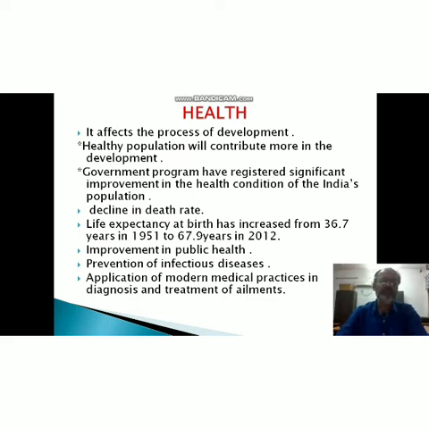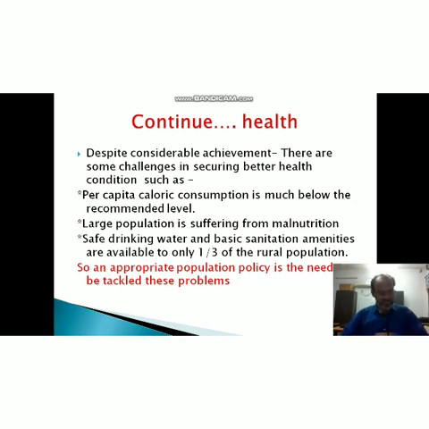There is improvement in public health, prevention of infectious diseases, and application of modern medical practices in diagnosis and treatment of ailments. Despite considerable achievement, there are some challenges in securing better health conditions, such as per capita calorie consumption being very much below the recommended level.